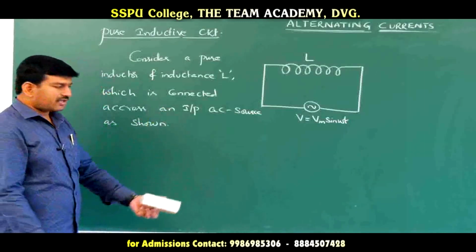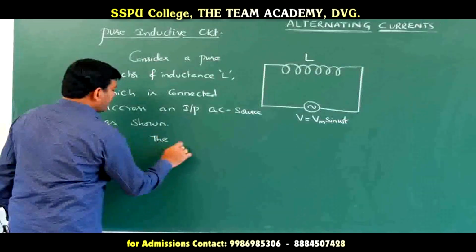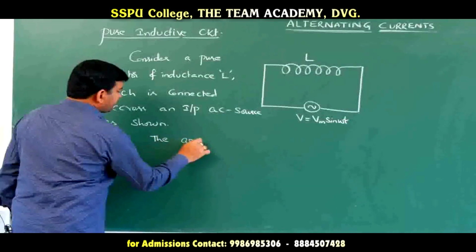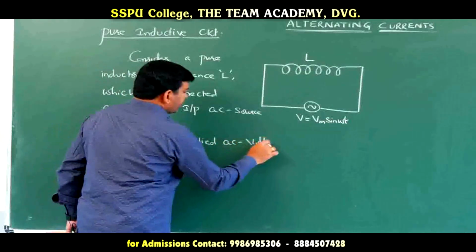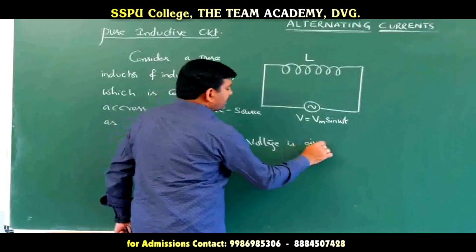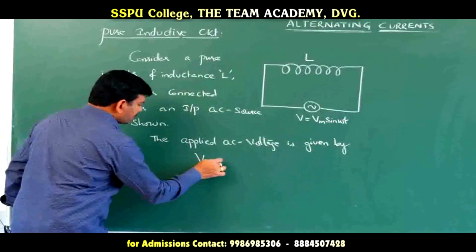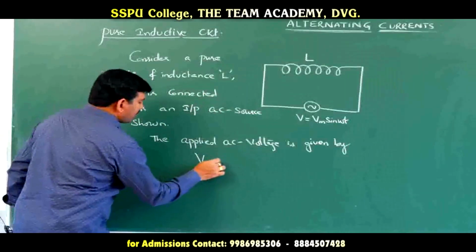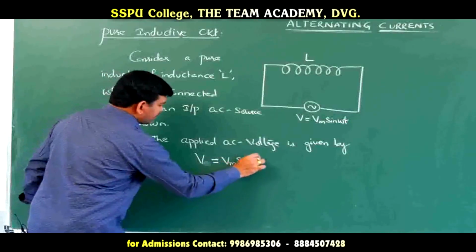So the applied voltage here is mathematically represented by the applied AC voltage. The applied AC voltage is given mathematically by V is equal to Vm sine omega t.